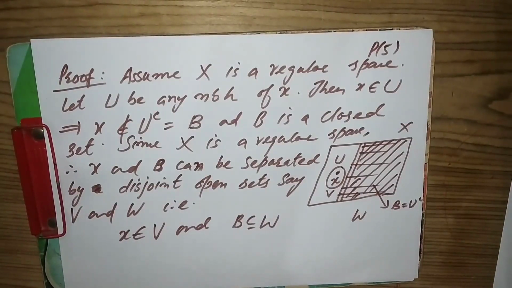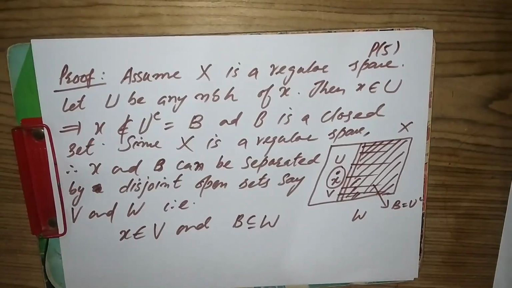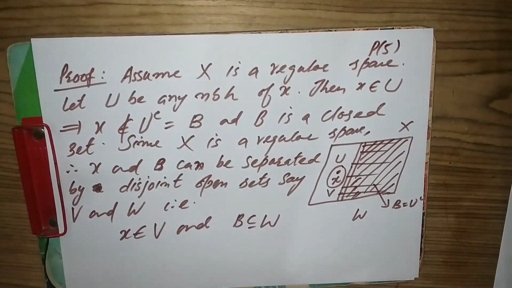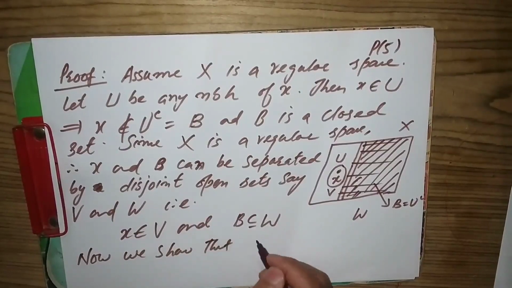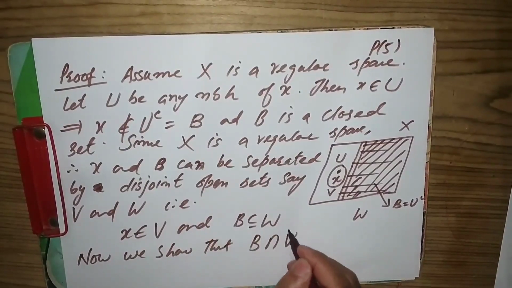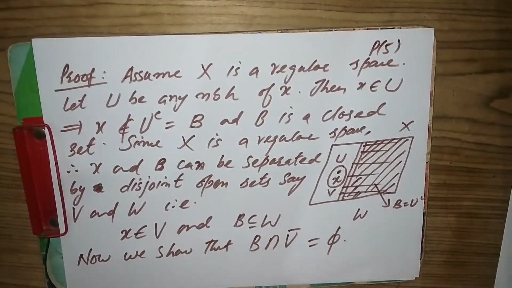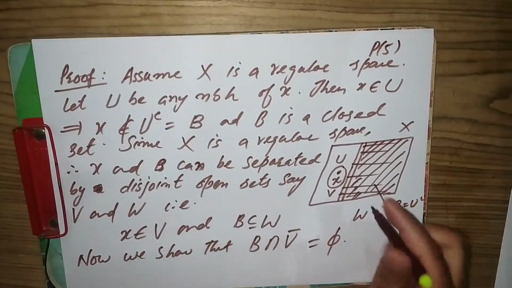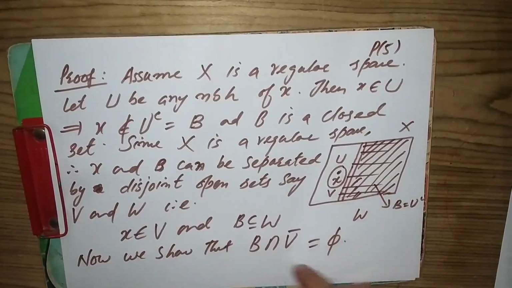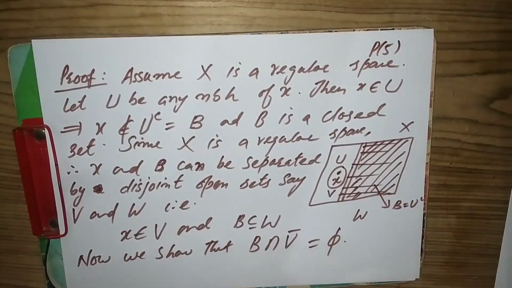Now we show that B and V closure are disjoint: B intersection V closure is the empty set. The closure of V with B is a null set.